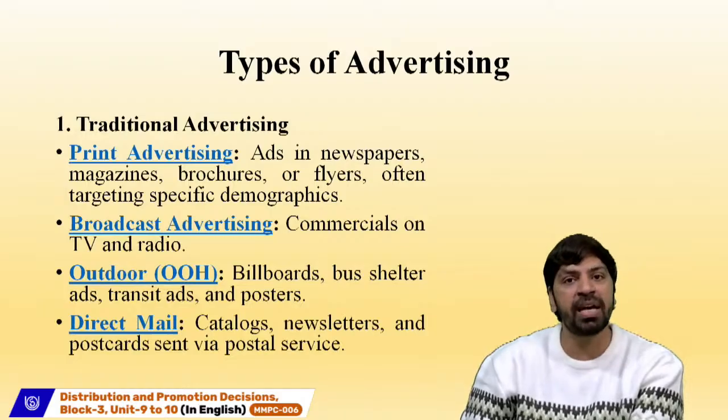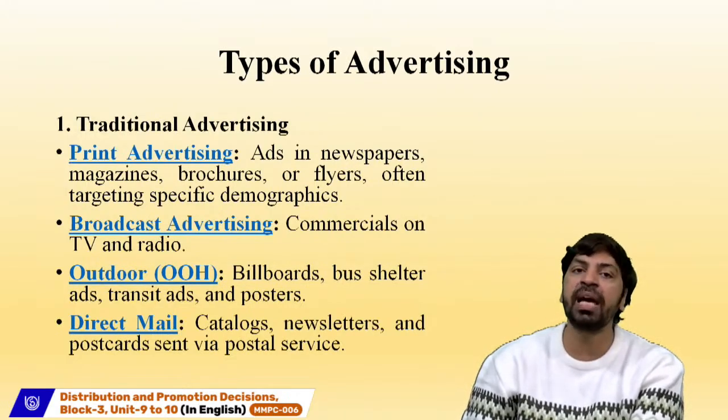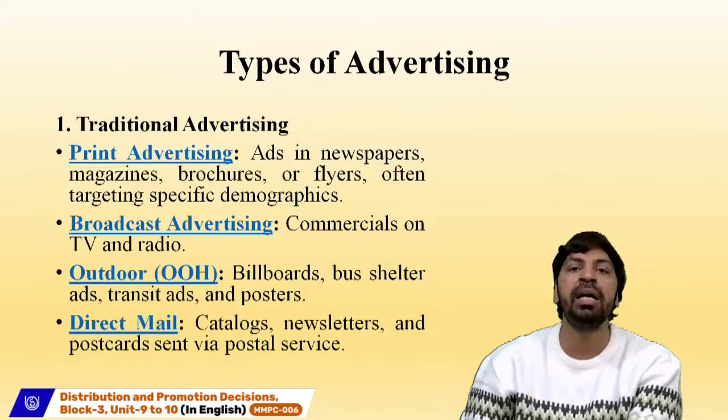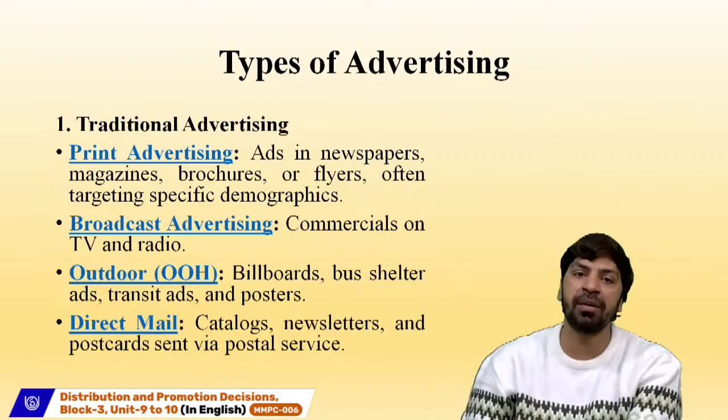Types of advertising. The first one is traditional advertising. Print media. It always includes ads in newspapers, magazines, brochures, and flyers with an aligned budget. Next is broadcast advertising, commercials on television and radio.